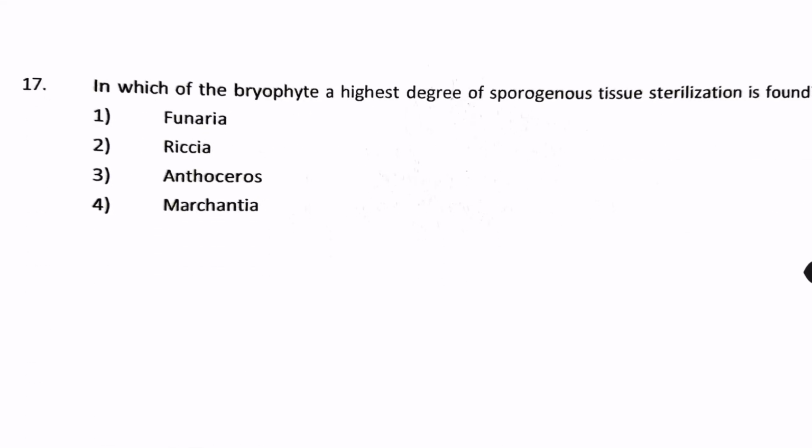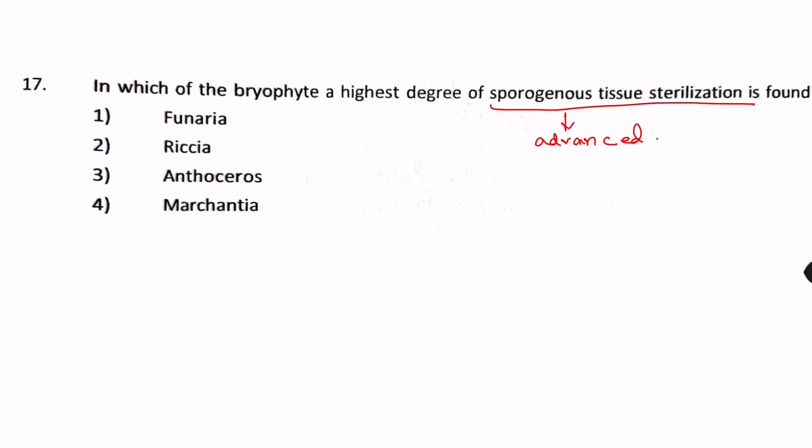Next is, in which of the bryophytes is a high degree of sporogenous tissue sterilization found? Now, sporogenous tissue sterilization is actually an advanced characteristic. Among Funaria, Riccia, Anthoceros, and Marchantia, the most advanced is Funaria.